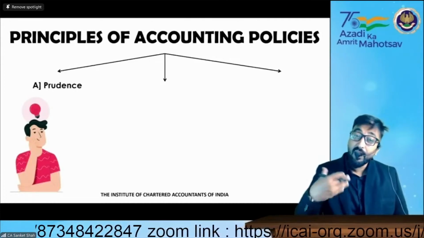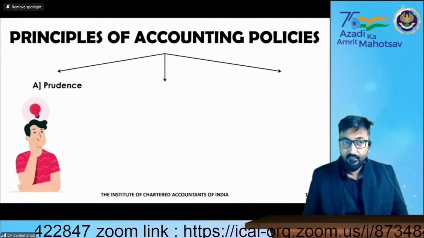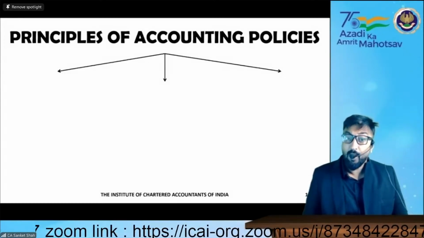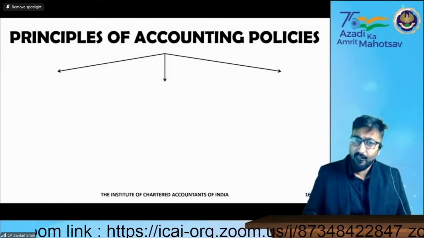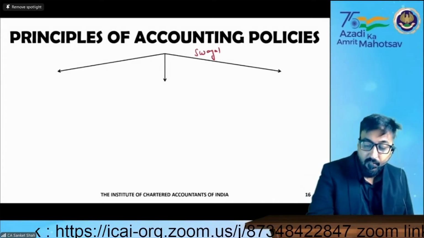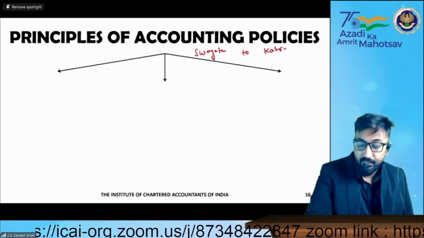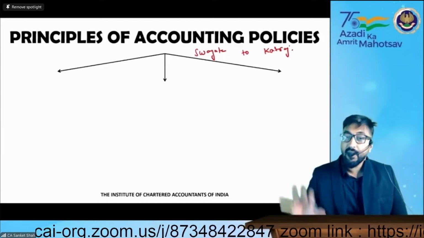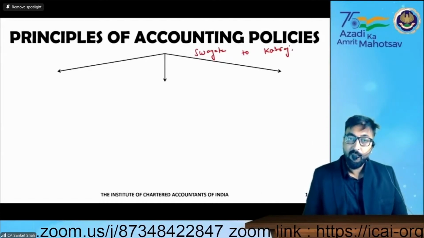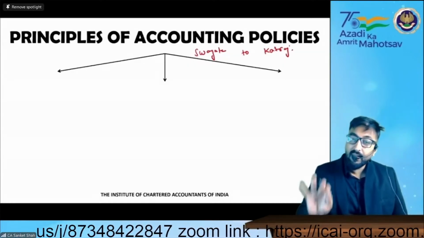Now there is a lot of confusion, sir. If there are two or three policies, how are we going to select? For example, I'm living near Katraj in Pune, and Swargate is the main station, the bus stand. From Swargate to Katraj there are three routes.